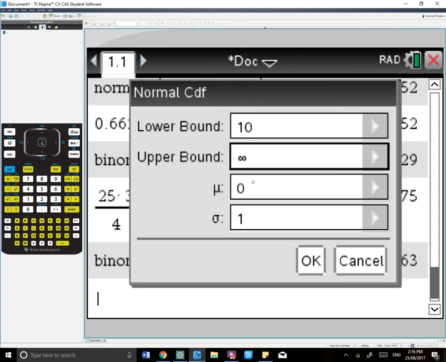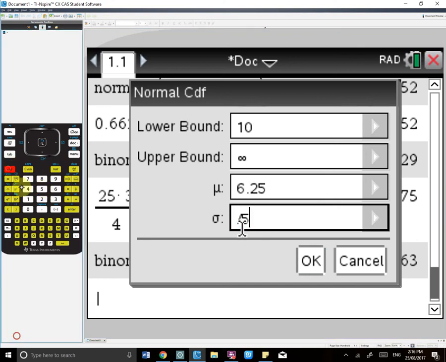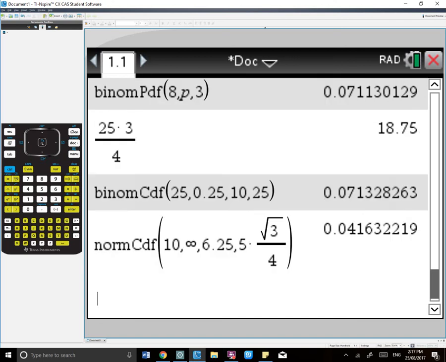The mean is 6.25 and the standard deviation is 5 root 3 divided by 4. Press enter. That is the approximation, 0.041.